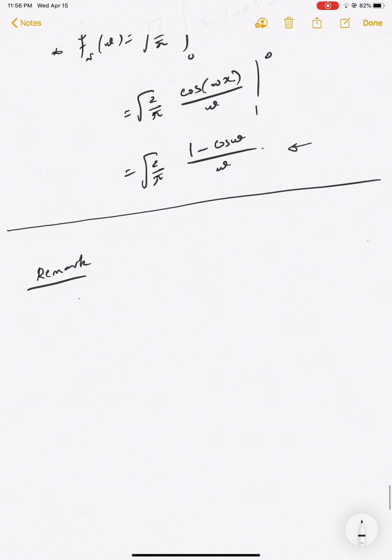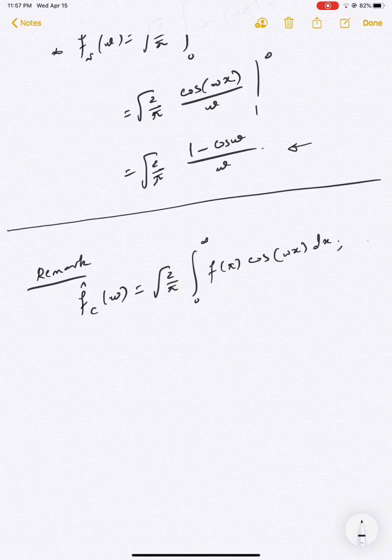So basically, if you look at the Fourier cosine transform, it's this constant times this. This definition applies for omega positive. But if you like to substitute a negative value, you can see that substituting negative omega in this integral is just substituting negative omega into the cosine, and the cosine cancels the negative sign.